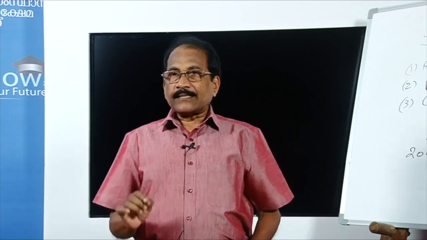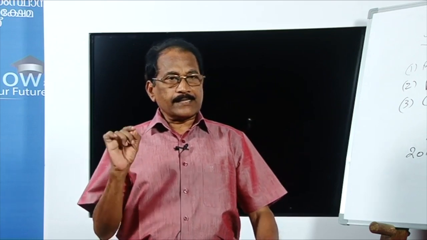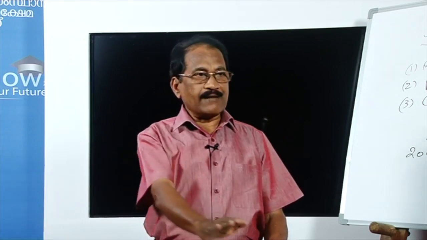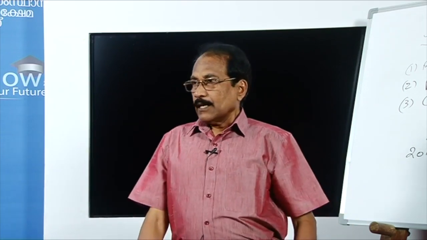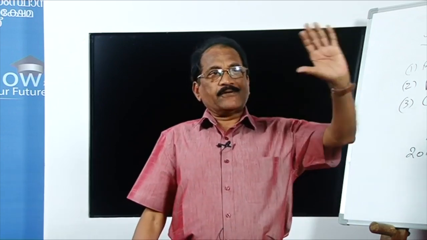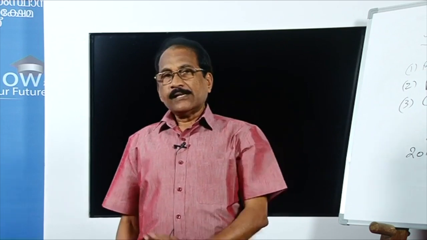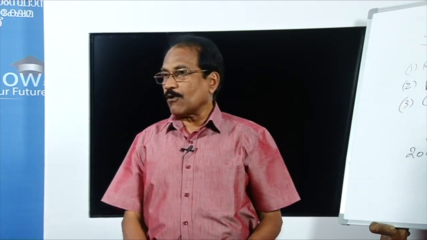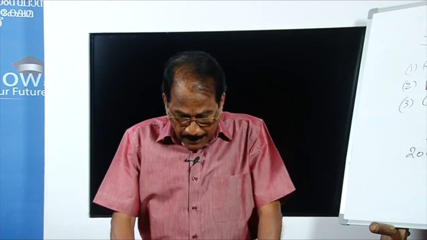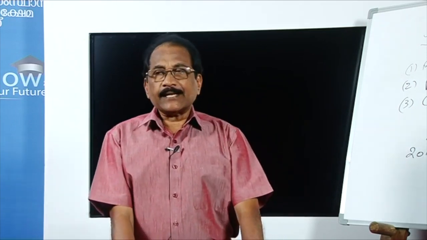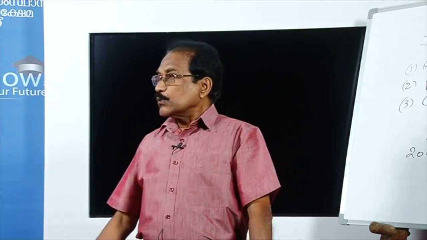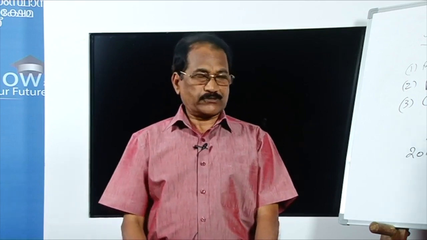We have to remember that the Nava Kerala Karma Paddhati is actually meant for the grassroots level of population, the upliftment of the lower and weaker section of the population. The ultimate objective of Nava Kerala Karma Paddhati is aiming at a faster living standard, especially for the grassroots weaker section of the population.